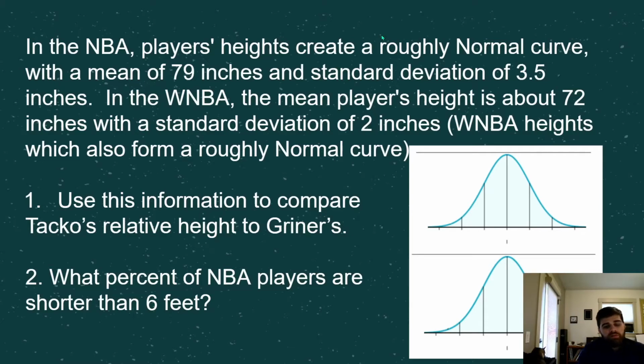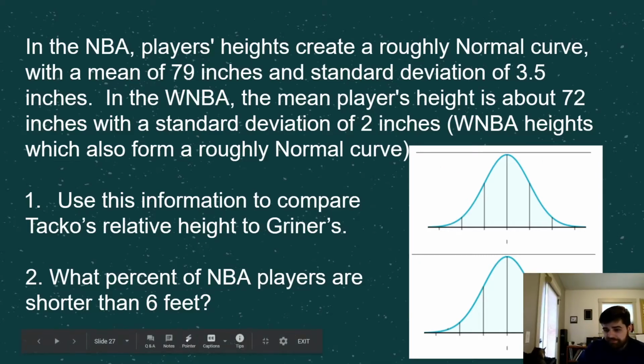We can use the normal distribution because the heights of basketball players come out pretty normal. Again, it's not perfectly normal, but it's close enough that we can get some pretty good calculations by assuming that it's normal. In the NBA, players' heights have an average of 79 inches with a standard deviation of 3.5 inches.